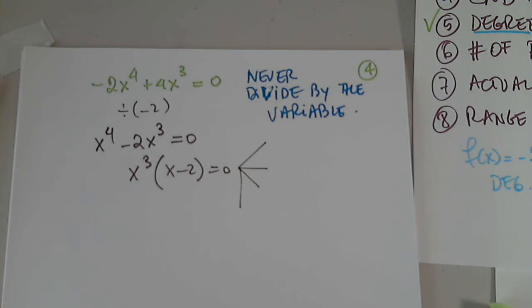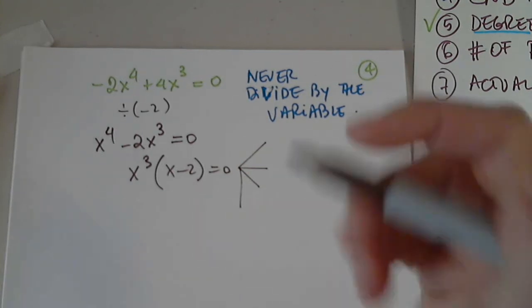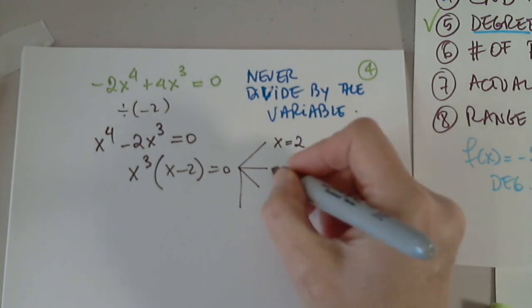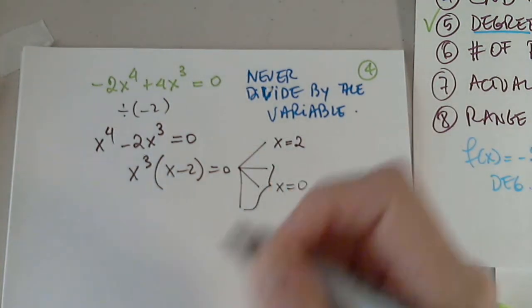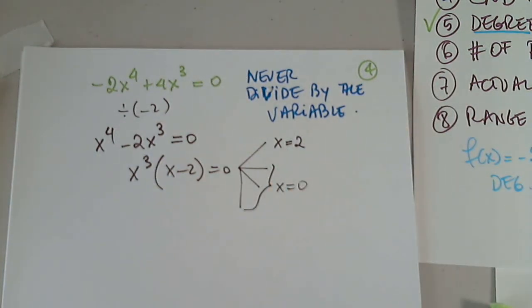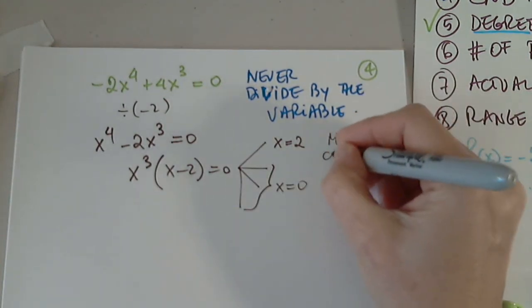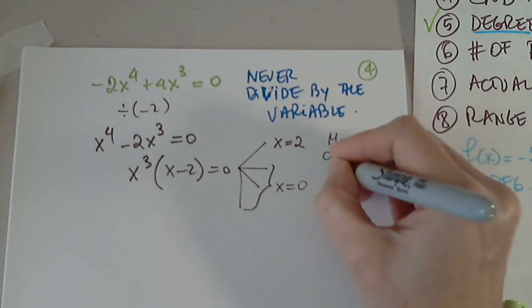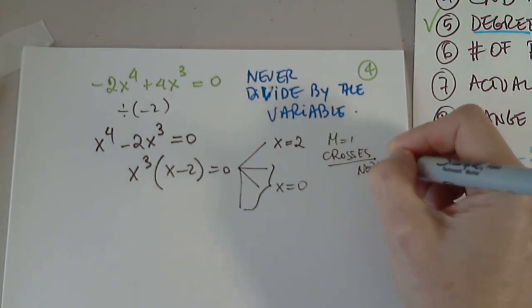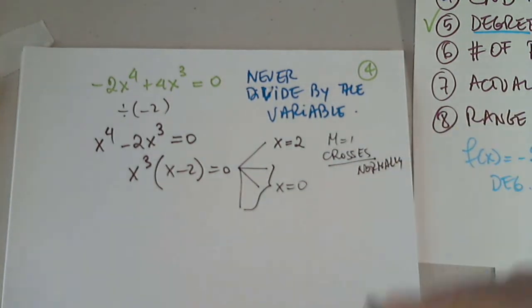2 and 3 zeros. Very good. X equals 2. X equals 0. Awesome. What is the multiplicity of x equals 2? 1. Very good. Awesome. Which means it crosses normally at that point.